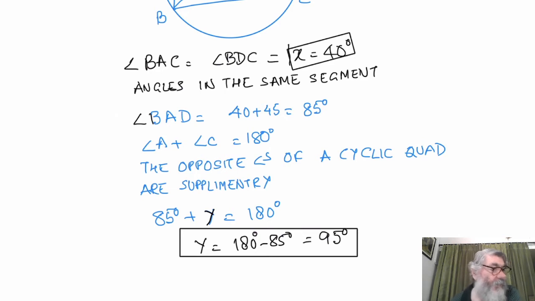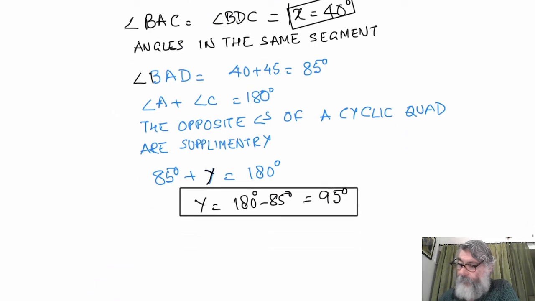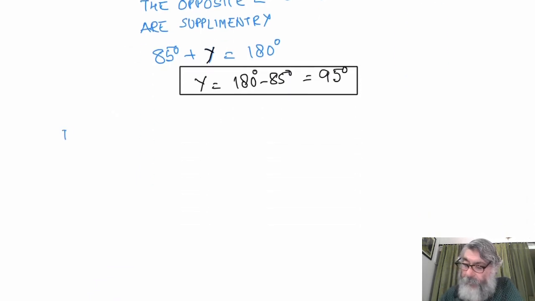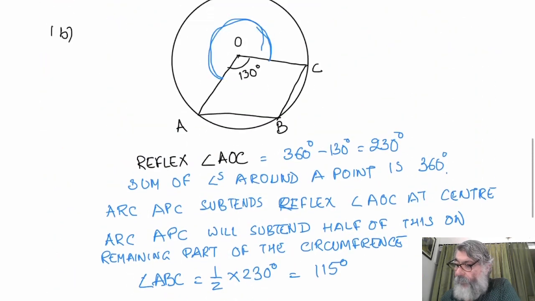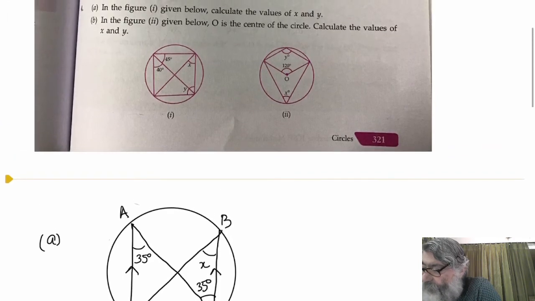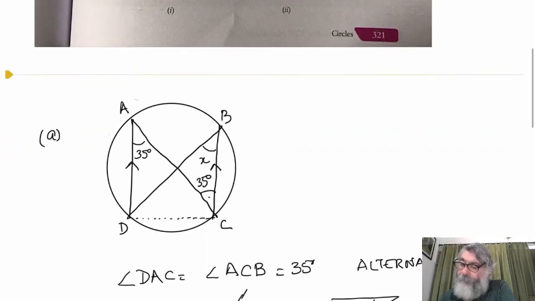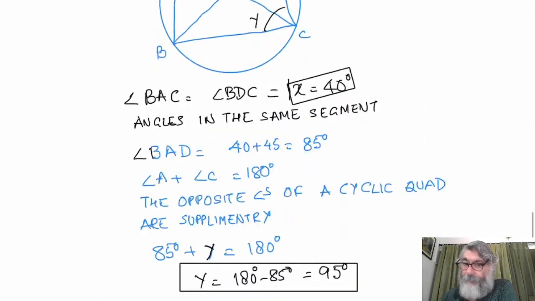Now let us see the fourth part of the question, D. Let's see what is the D. Okay, O is the center. Again a cyclic quadrilateral is there.